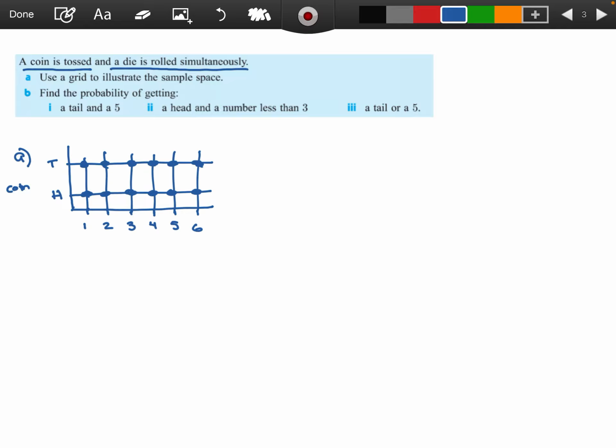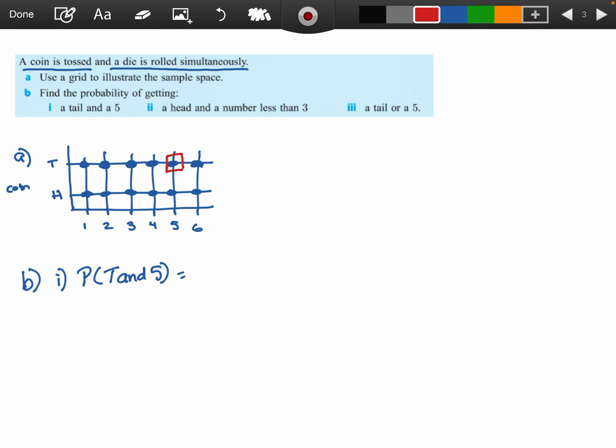Okay, so then we're going to use our grid to help us determine some various probabilities. In part B, first part, we are looking for the probability of tails and a 5. So we're going to go through and look at each of these possible outcomes and determine which of them are tails and a 5.